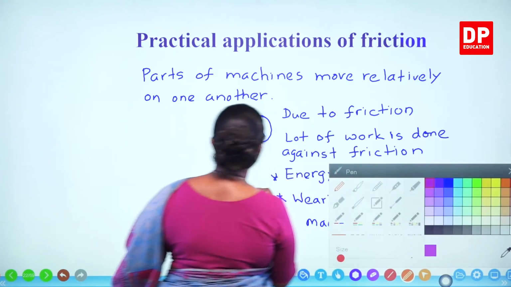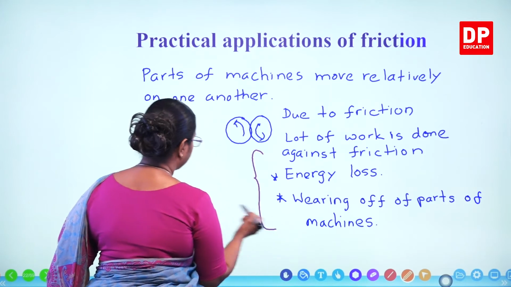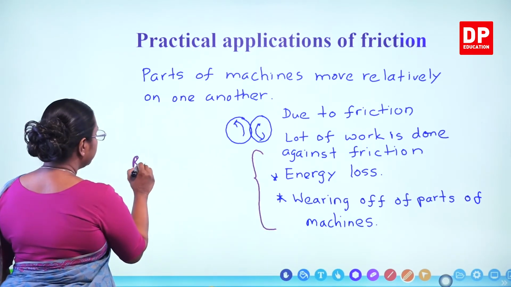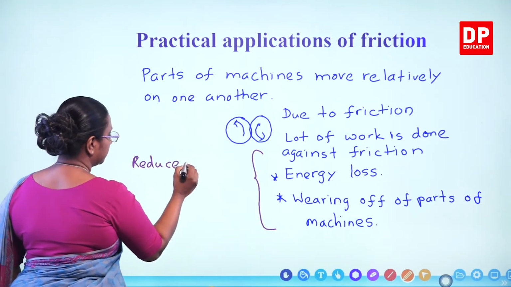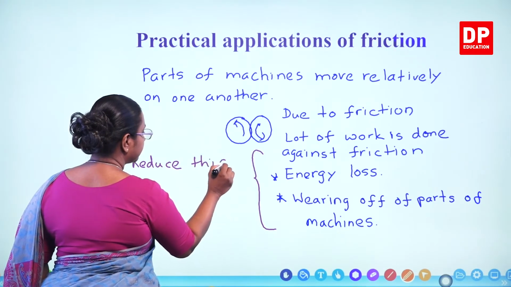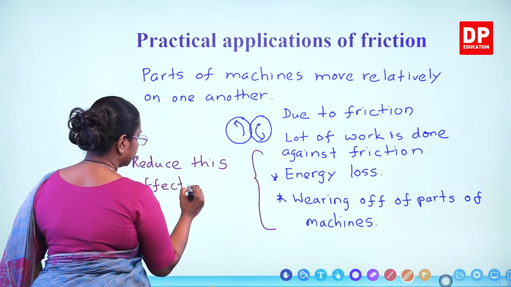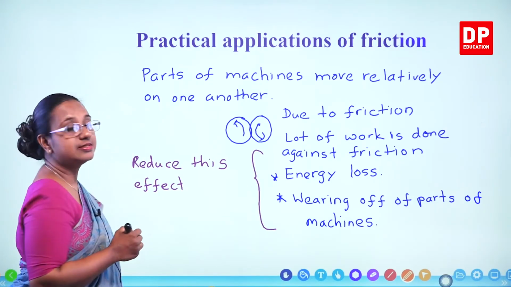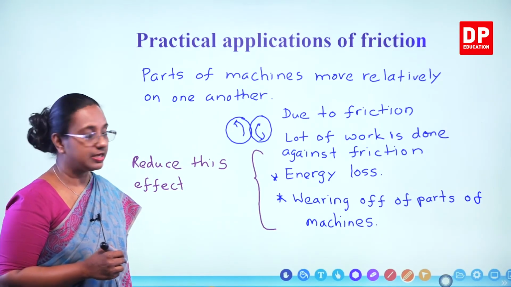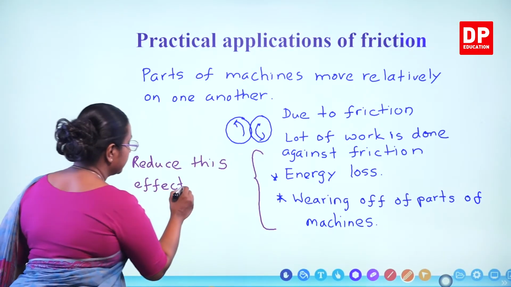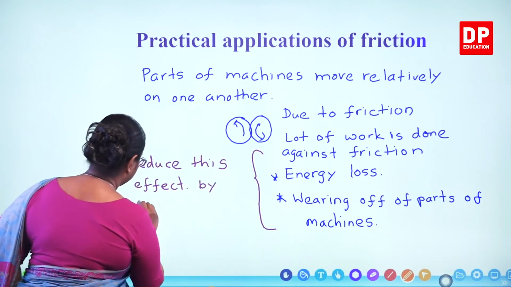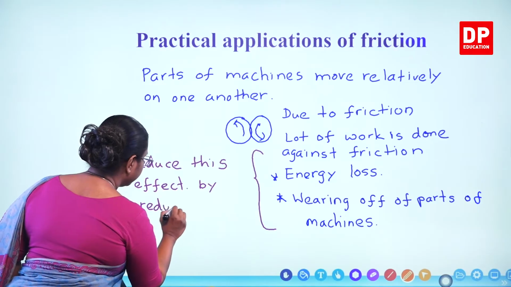And if we can reduce this effect, then we can save a lot of energy. That can be done by reducing friction.